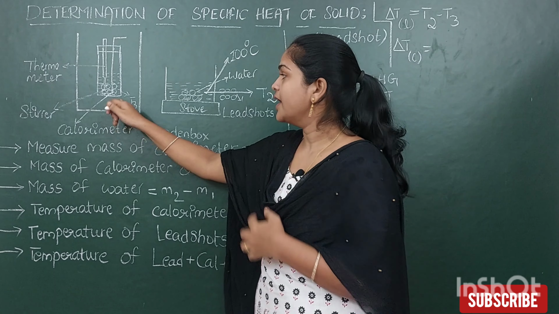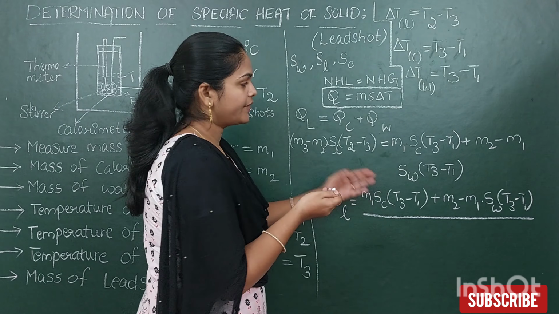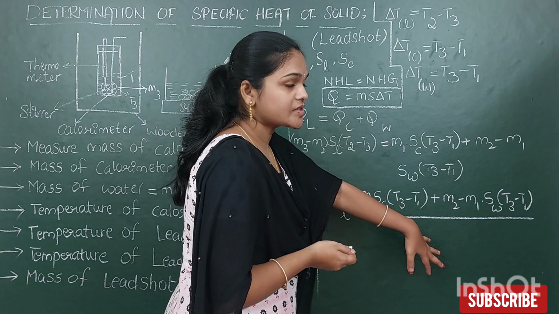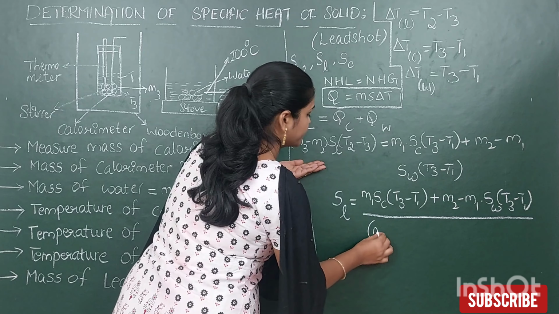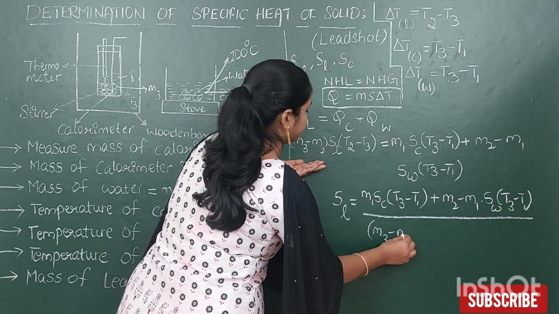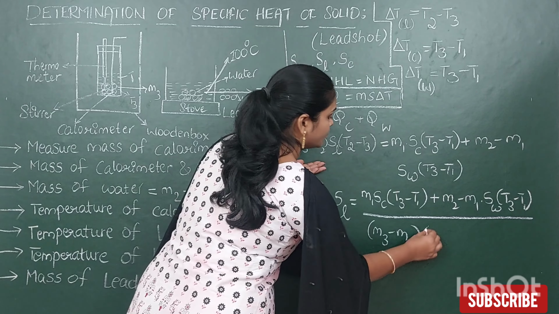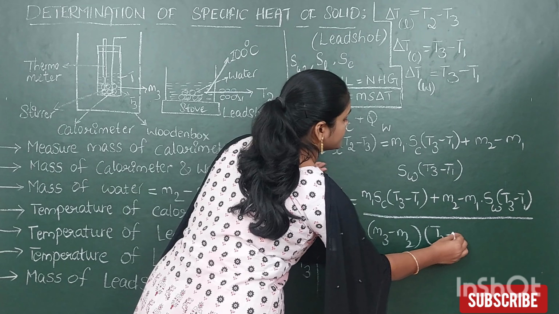divided by these values, which go to the denominator side. Already you know when values go to the other side, they go to the denominator. So here what will happen? M3 minus M2 into T2 minus T3.